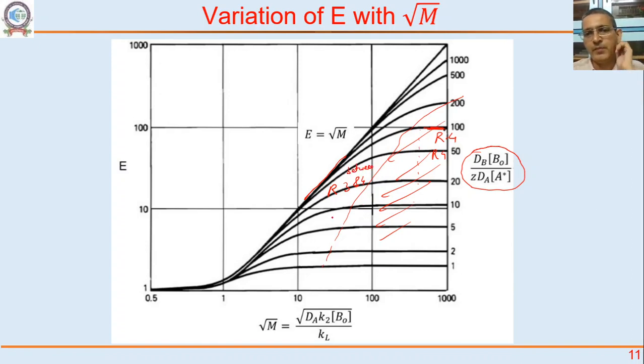You understand? So if dB B naught by z dA star is 20, let's say, for example. If root m is more than 20, that doesn't do the enhancement because you end up in the instantaneous regime 4. So maximum E can be dB B naught by z dA star. That's why it levels off. And this is between regime 3 and 4.